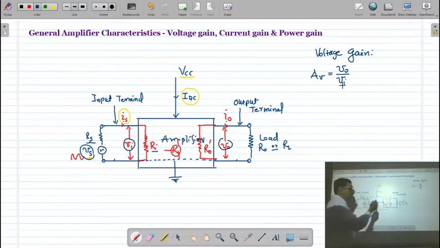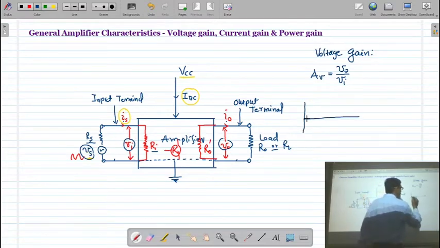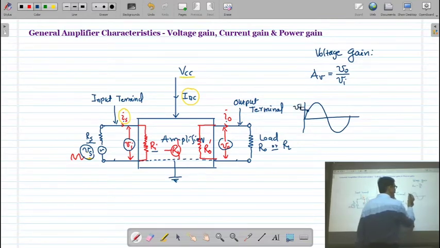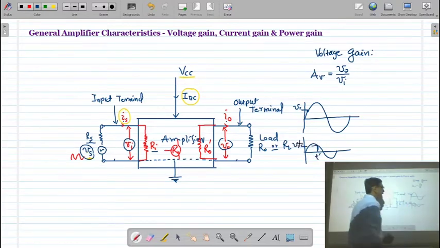The output voltage here is an instantaneous value, meaning its value at any time t. Suppose at time t, I am measuring this output voltage VO. Now at the same time, if I am measuring the input signal at a different time, then the ratio of VO and VI will be wrong.